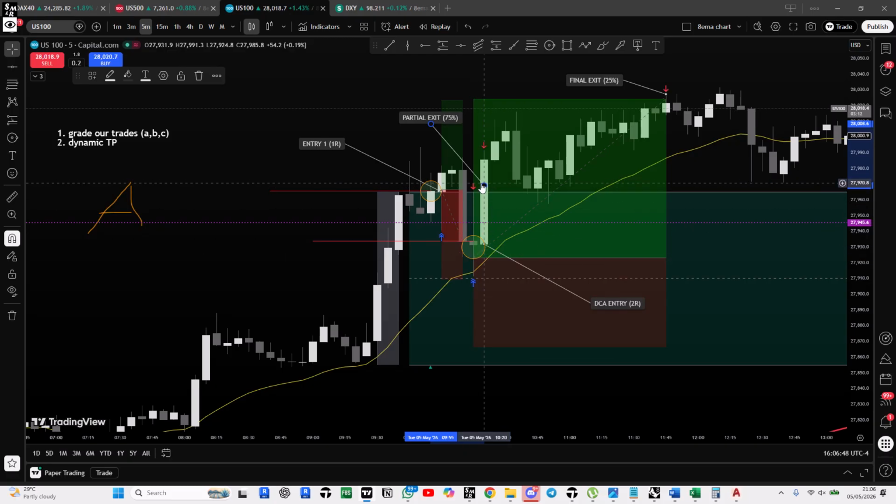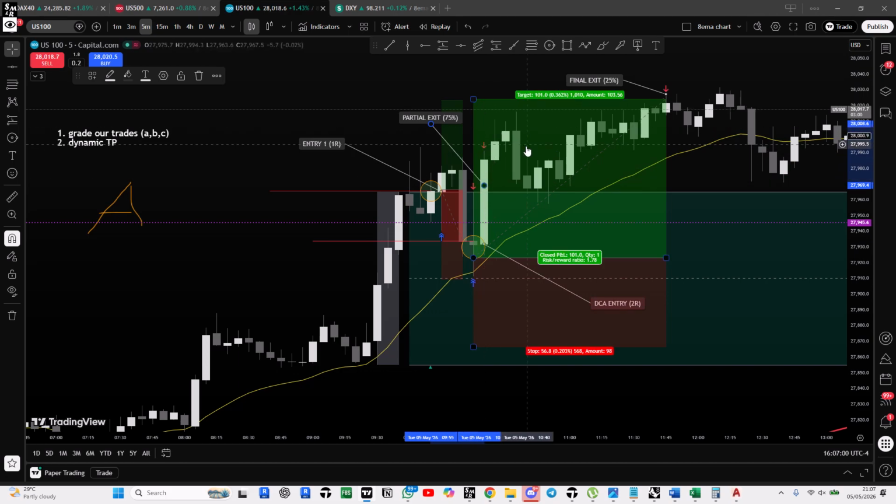So at this point, I'm already in profit because I'm over break even and I'm in profit from the 2R DCA entry. And then I took a profit here, and then I just sat out and watched as the price kept going, and this took a very long time. I was about to close the trade a lot, but I was seeing that we're having bigger white candles, that's the long candles, and smaller down candles, up until the point where we hit the final TP.